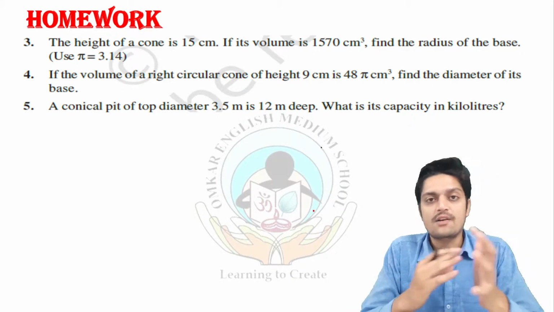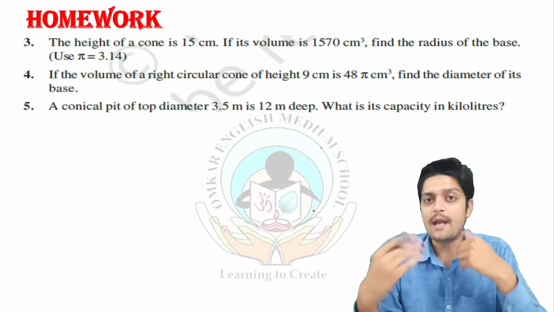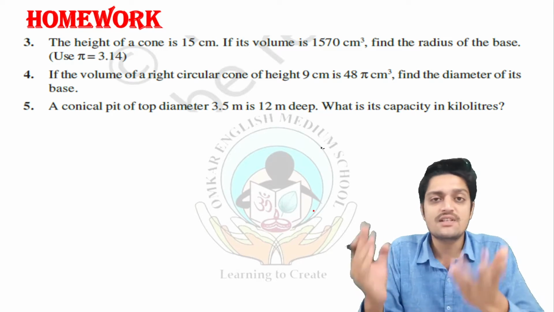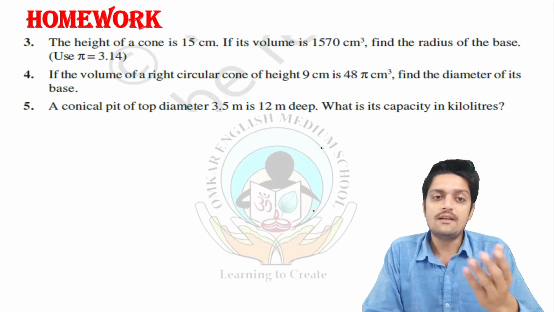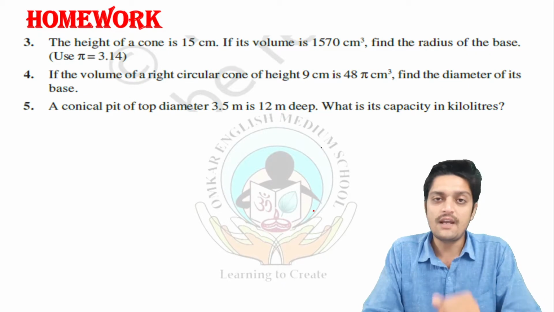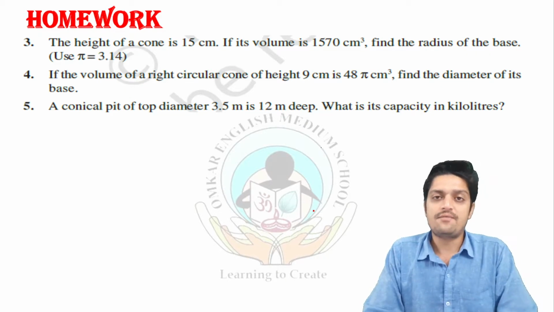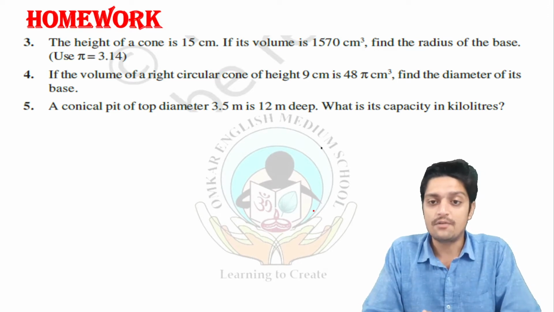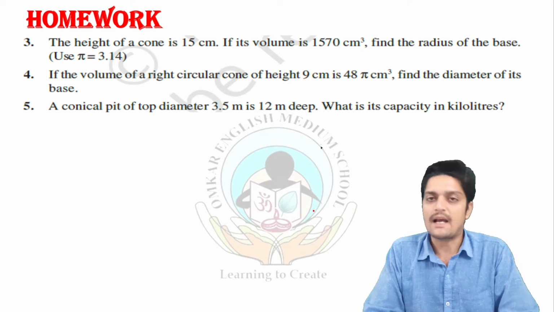So the work from your side should be 10 times mine. If I'm solving one question, minimum 10 questions you have to solve. So these 3 questions, 3rd, 4th and 5th, are for you today in homework. You have to solve and send them to me in Google Classroom.